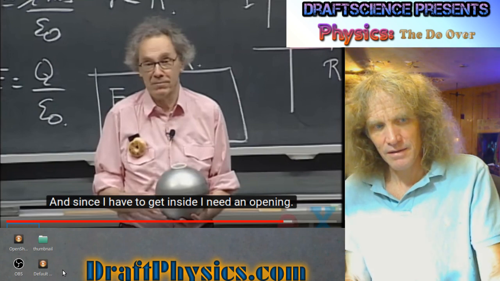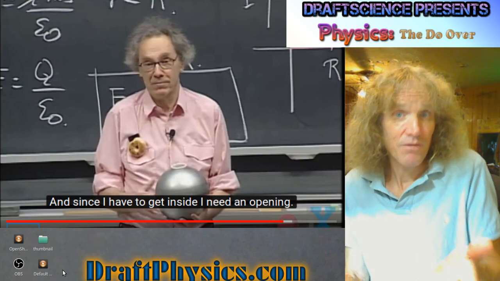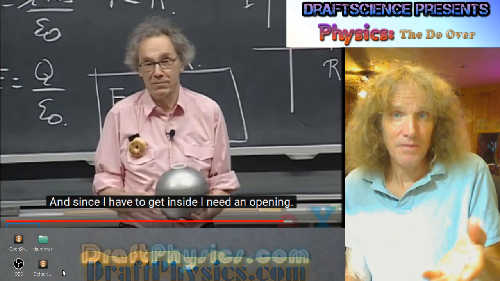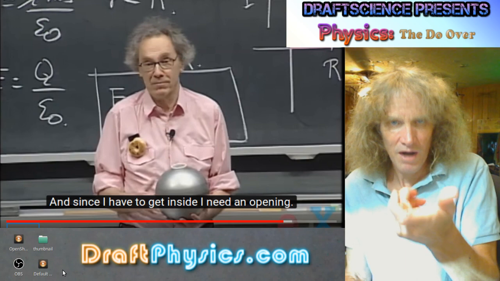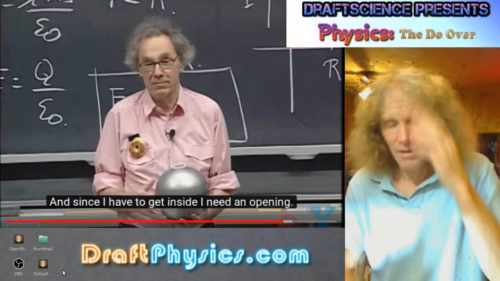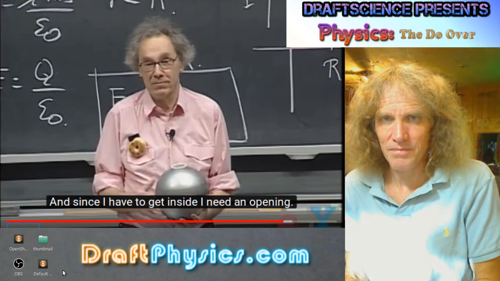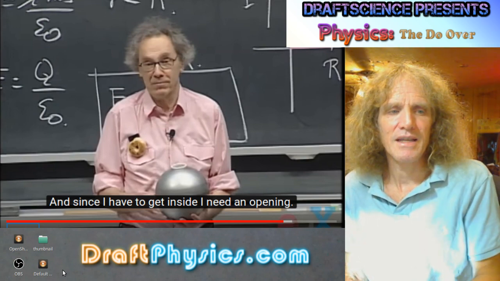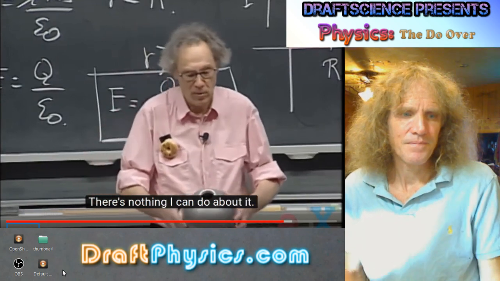So technically, when he goes to create a dipole, he might be collecting some of the difference just because he has two objects in a different location when he separates them. And so I'm not quite sure everything he says here is exactly accurate. There's nothing I can do about it.